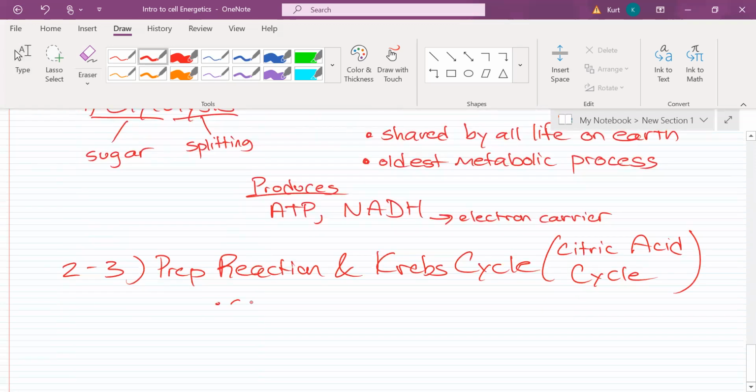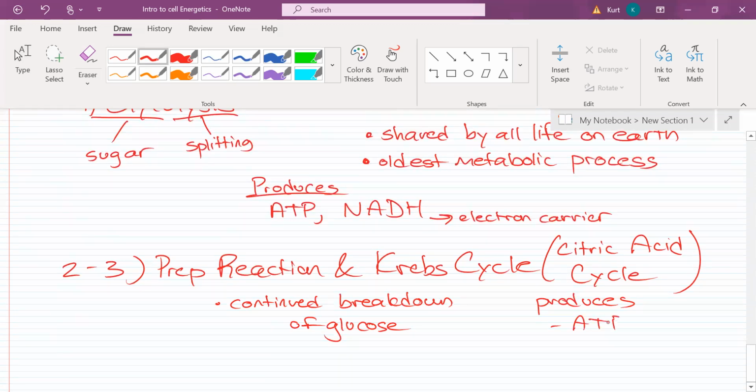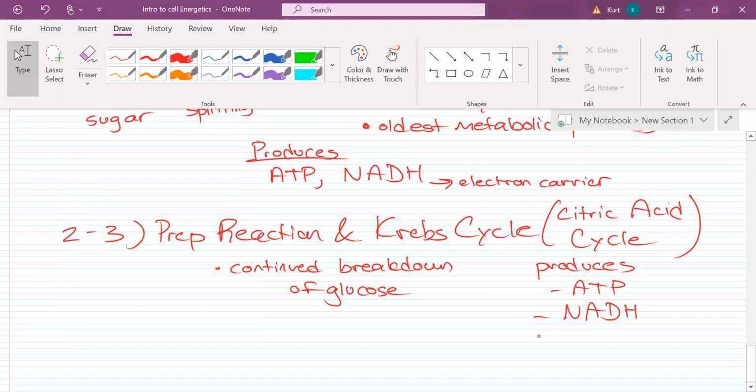This is just the continued breakdown of glucose. You produce ATP, you produce NADH, and you produce FADH2. FADH2 is another electron carrier.